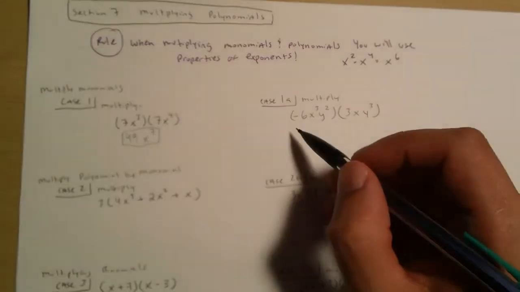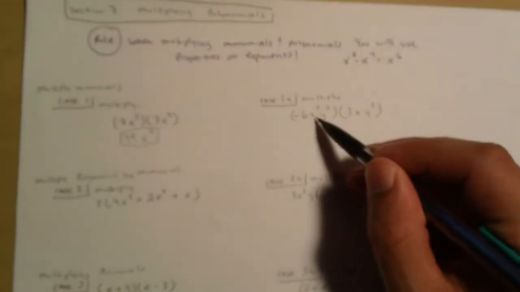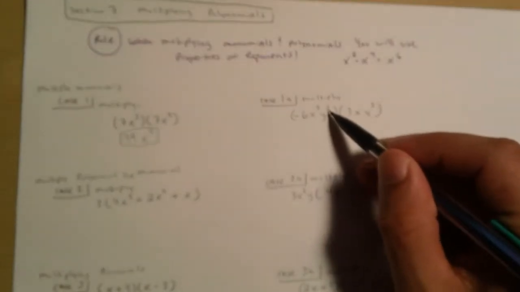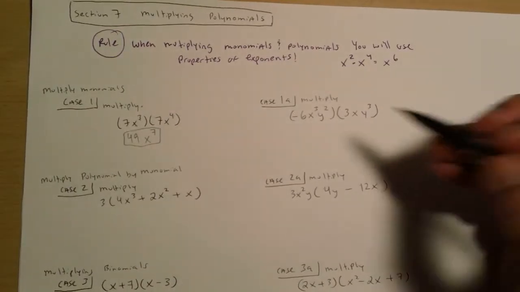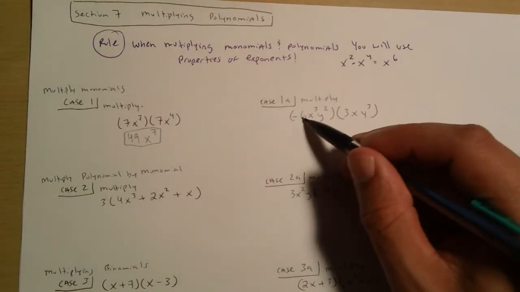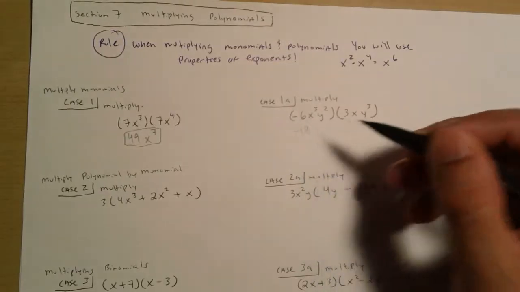Now, let's try a little more difficult case. We're asked to multiply negative 6x cubed y squared times 3x y cubed. We're going to multiply what we know already. Negative 6 times 3 is negative 18.